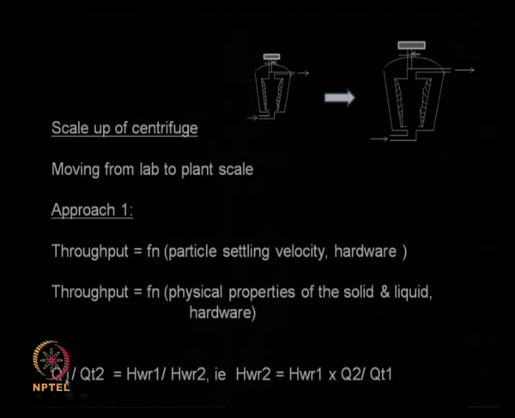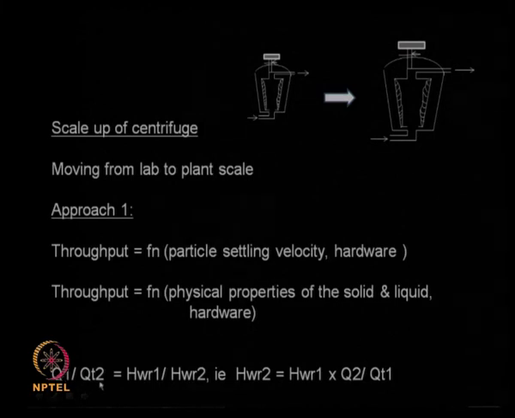So throughput in centrifuge 1 divided by throughput in centrifuge 2 will be equal to the hardware details of centrifuge 1 divided by the hardware details of centrifuge 2, assuming that the particle settling velocity does not change when you move from one scale to another. So if you assume that the particle settling velocity does not change, then throughput is directly proportional to hardware.